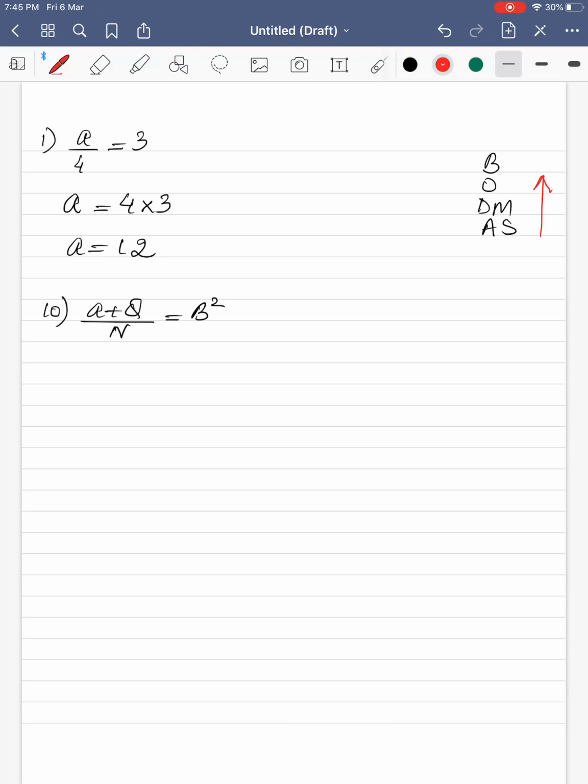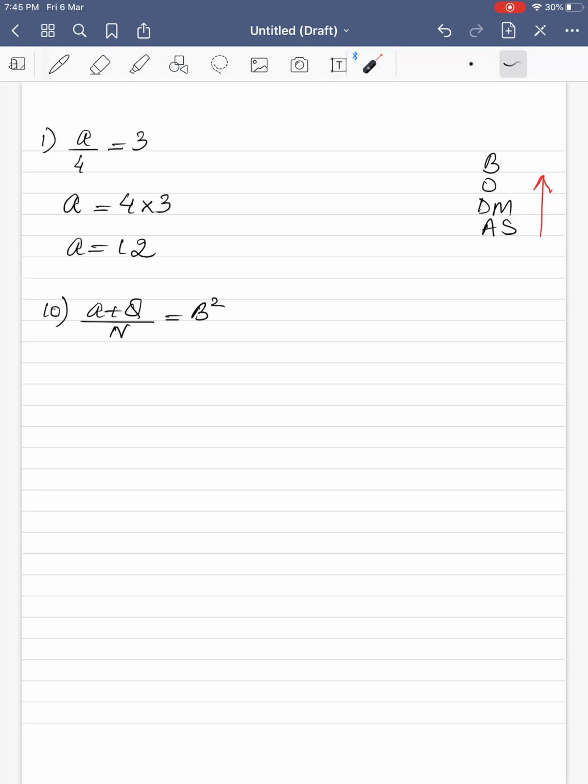Now, when we have to go in the reverse order of BODMAS, we see that we have n being divided and q being added. But we need to note here that there is a bracket which is invisible. So, the bracket has to be done last as bracket is on the top priority when we do BODMAS.